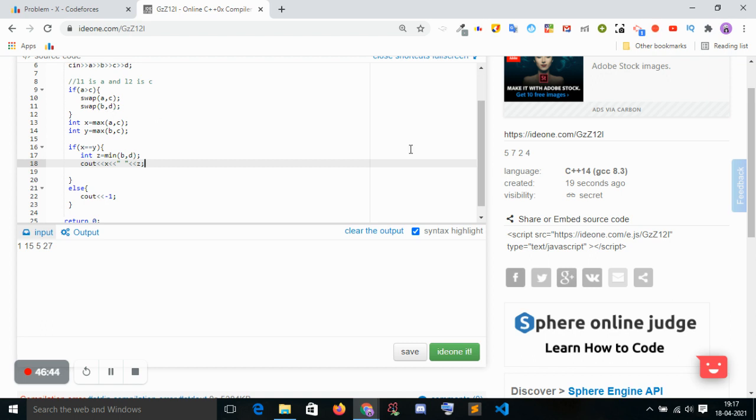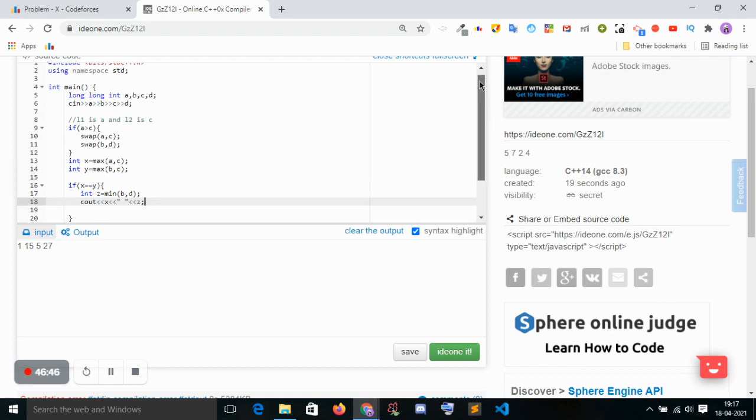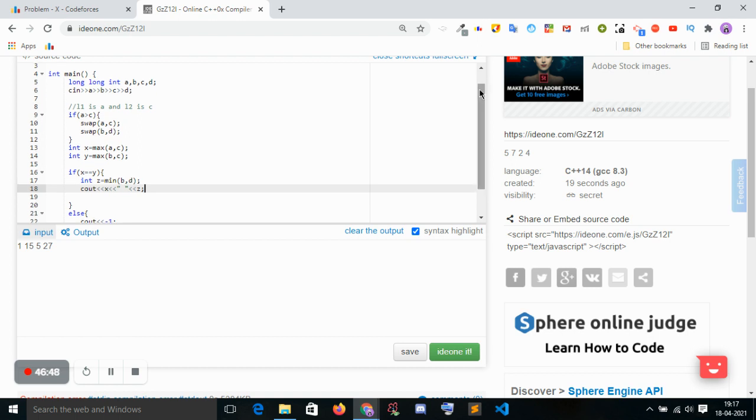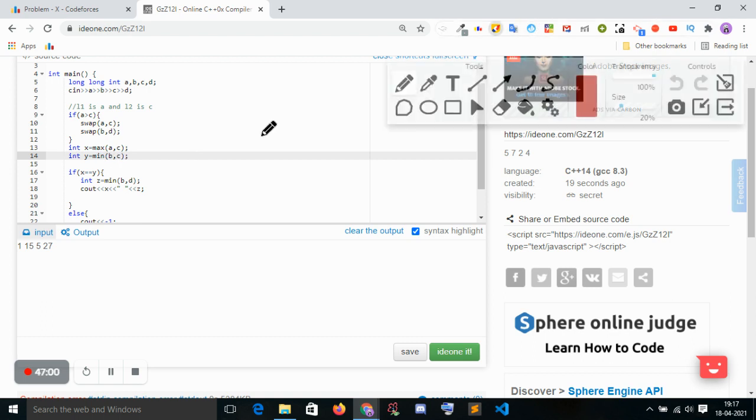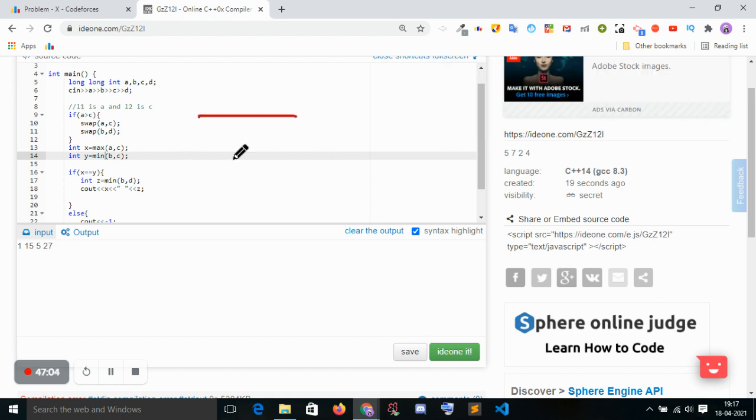Swap A comma C. Okay, swap B comma D is good. Why should we do minimum here? Because here we have B and D: max of this one and min of this one.